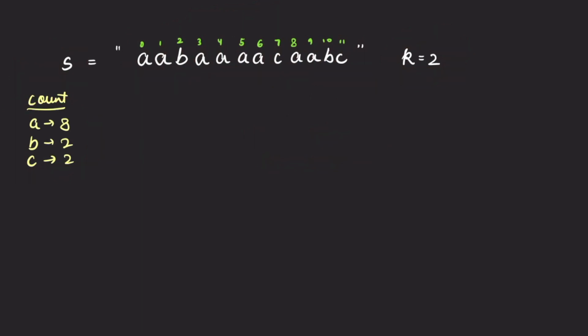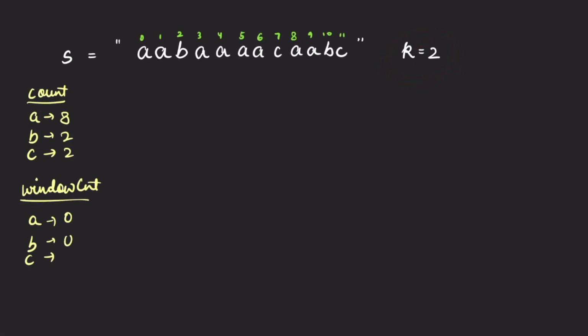Outside of this window, we want at least K ABCs. So we will take another vector, let's say window count, which will give us the count of A, B, and C in the window that we are considering. Initially, all of these will be 0.